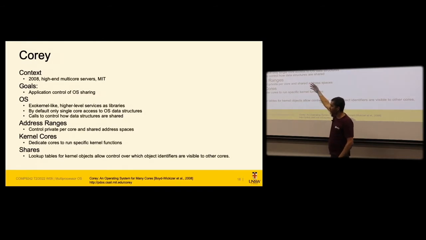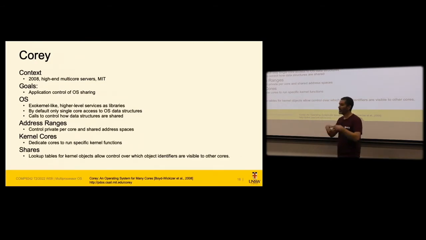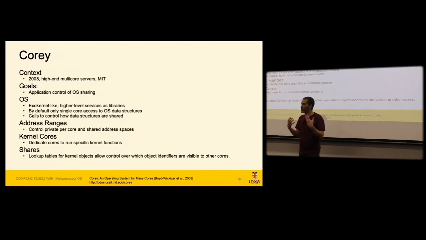So this was a from scratch experimental OS. Again, it's exokernel-like, so it's very minimal and only provides very basic hardware abstractions, and everything else needs to be implemented as a library OS and an application on top of that. By default, the OS would only provide single core abstractions or single core access to the OS data structures.